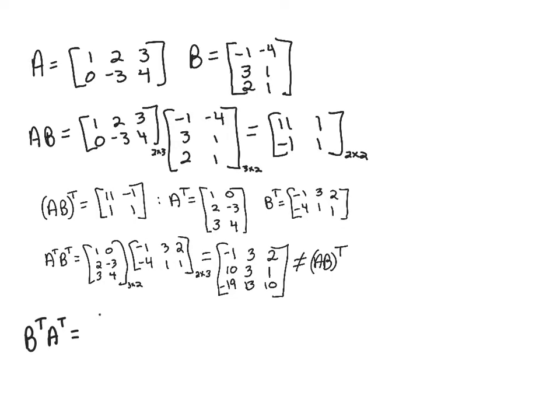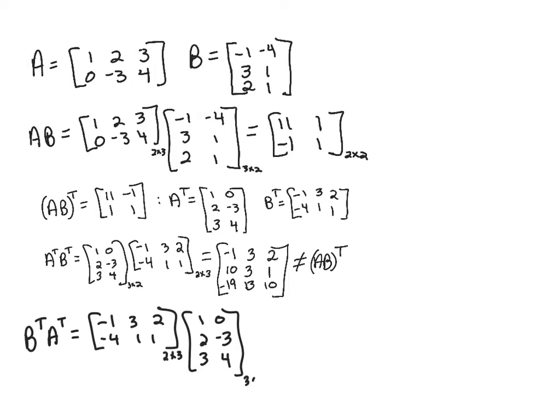B transpose was 2 rows and 3 columns. A transpose was 2 by 3. So my answer when I multiply these guys, this was 2 rows, 3 columns.